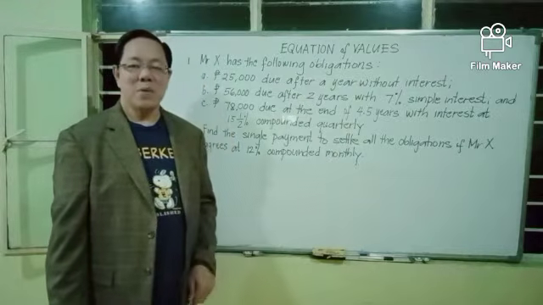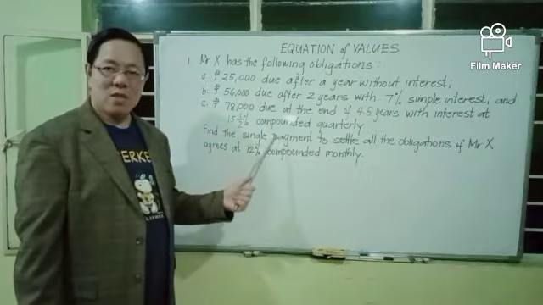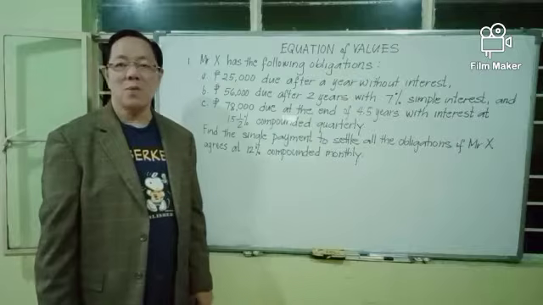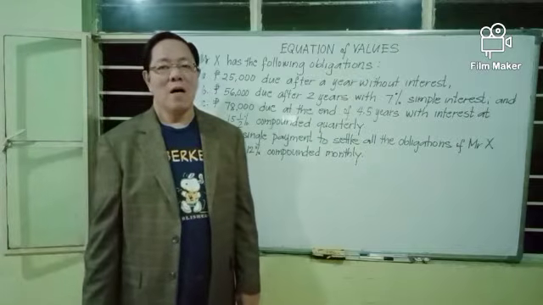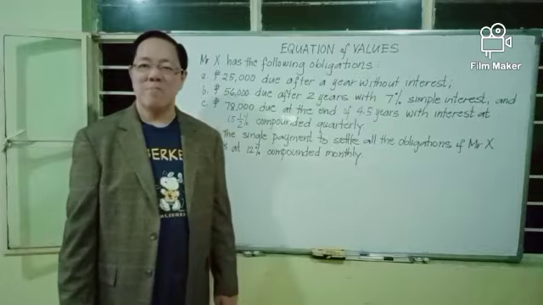After we have computed the maturity values of these three obligations, we add them and equate them to the other side of the equation of values. The other side consists of the payments.